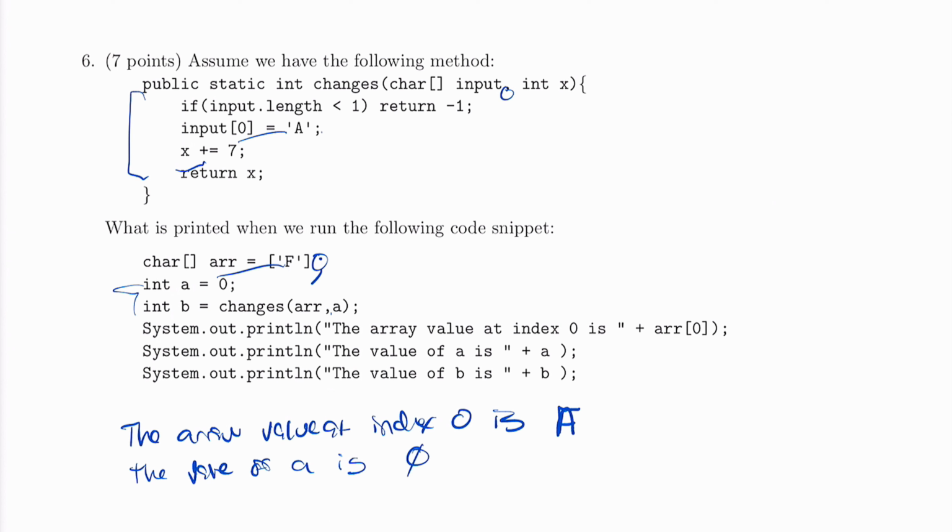Right? Because again, a is a primitive. It's an int, not an array. But then what's returned, b, is 0 plus 7. So the value of b is 7. So this question was all about passing primitives versus non-primitives.